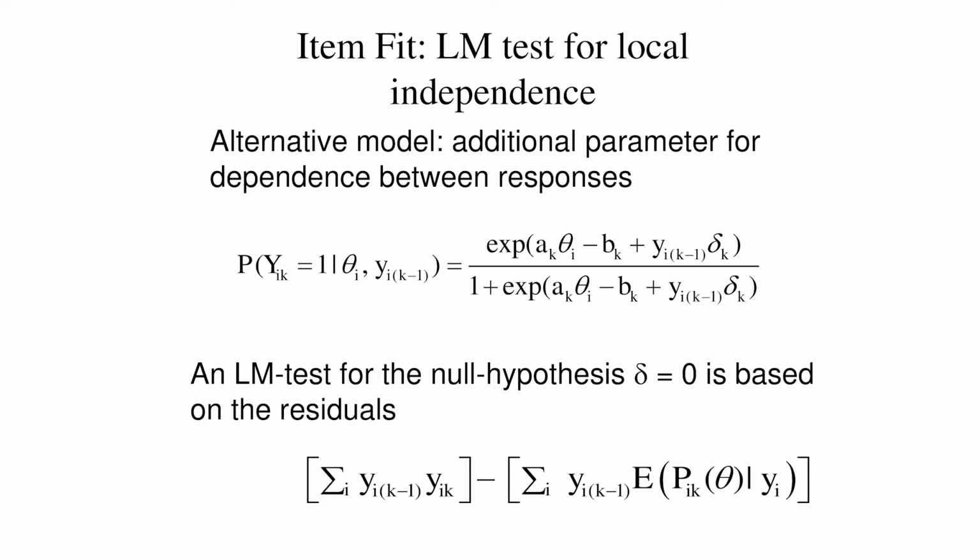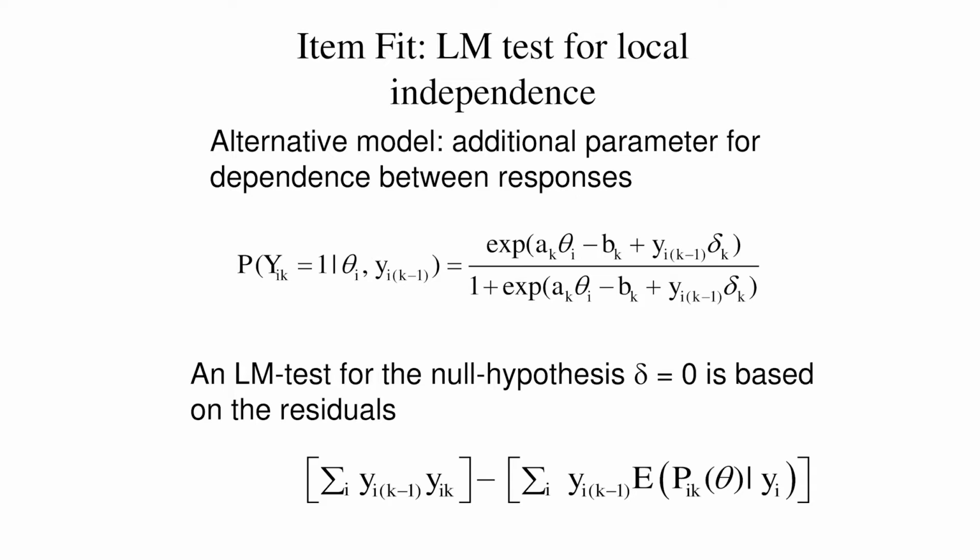So here you see the item response I_{k-1}. So this is the response on the previous item, and that response predicts the response on the current item. And that is a violation of local independence. So if that delta is not 0, then the model is violated. You have a violation of local independence.